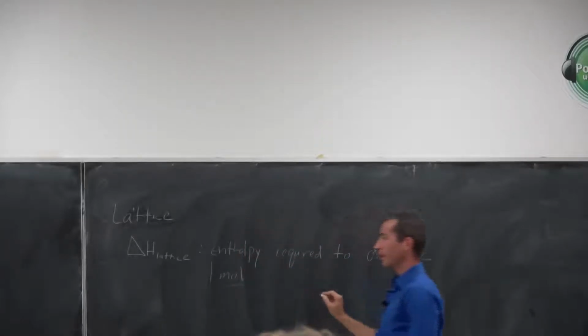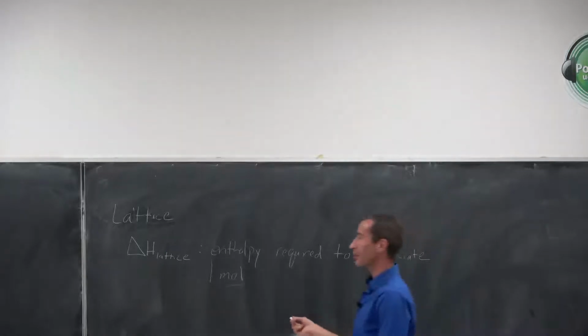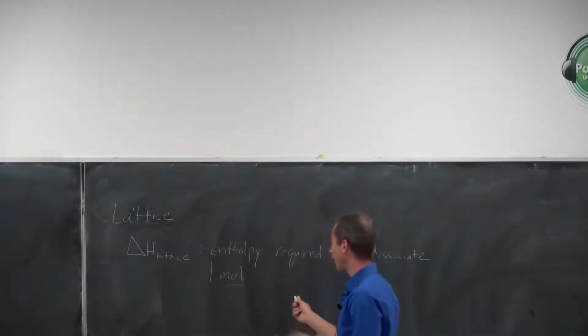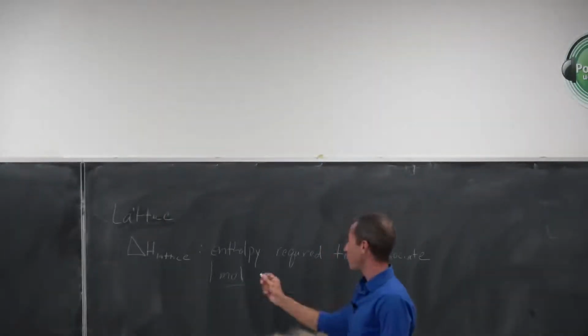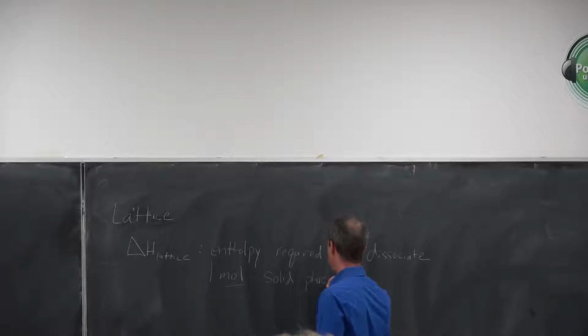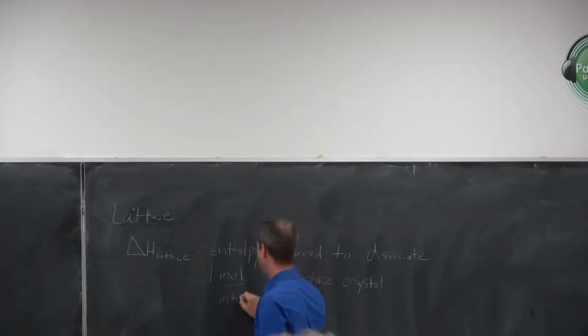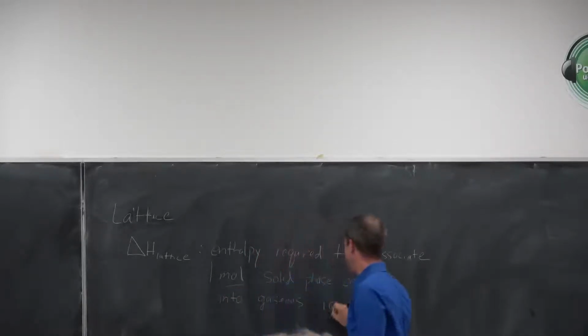The definition is particular, and why these fussy old physical chemists defined it this way, I have yet to get a satisfying answer to. To dissociate 1 mole of solid phase crystal into gaseous ions.